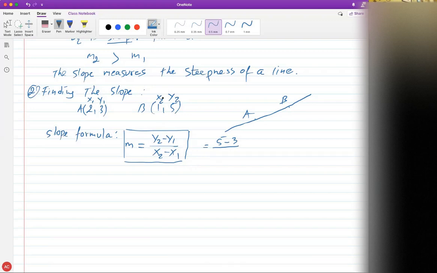Again, just read those from the given points. We have 1 minus, so basically y minus y and x minus x. So we get 2 here. This is what we call change in y and change in x. When you move from one point to the other, both y and x change, and this is the amount by which they change, or the rate.